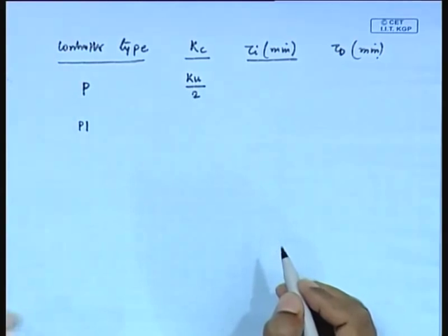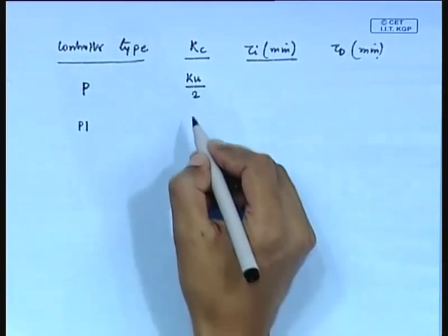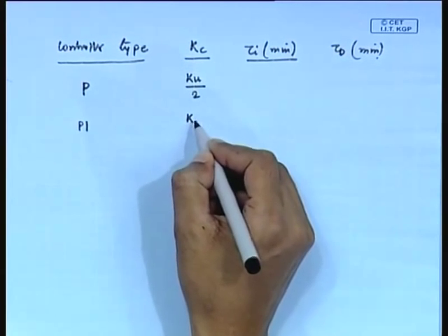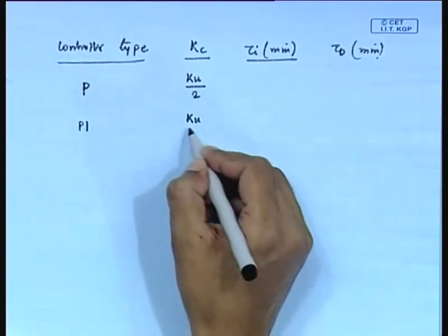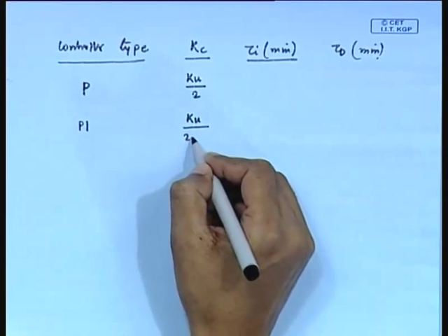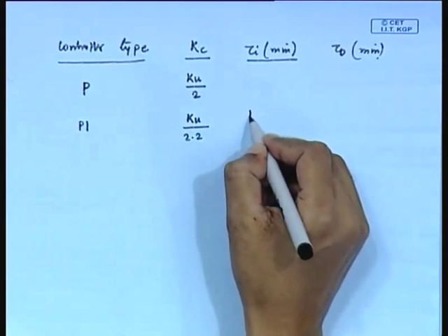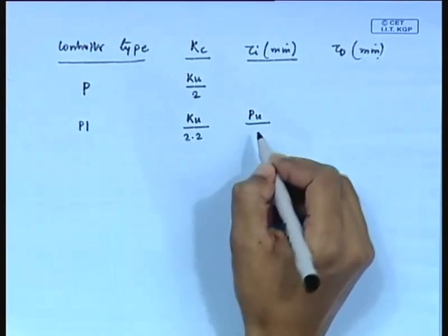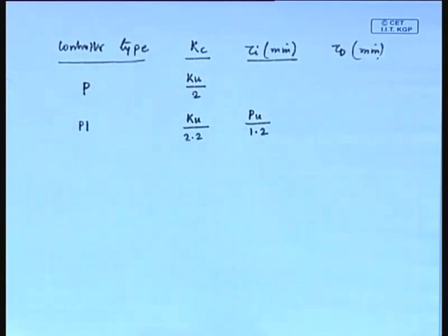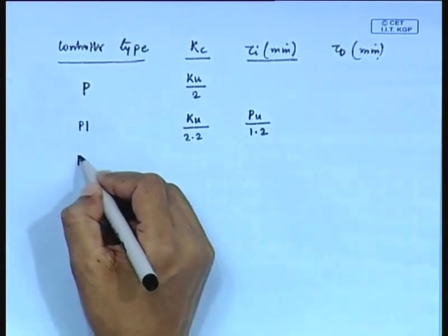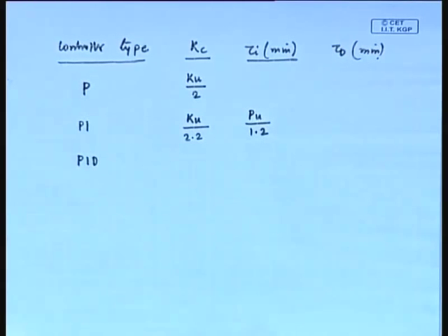For PI controller, the correlation is Ku divided by 2.2 for Kc, Pu divided by 1.2 for tau I. Next is PID controller.